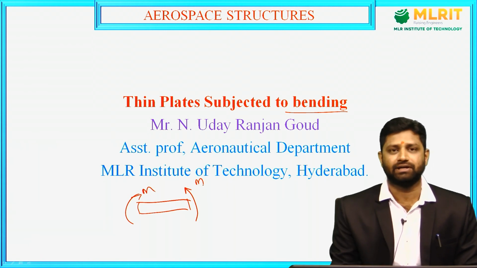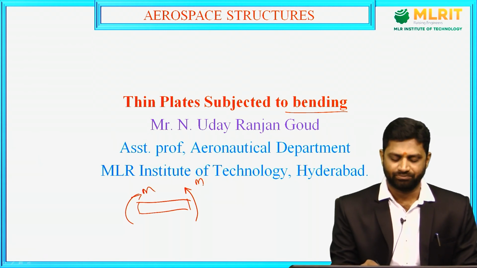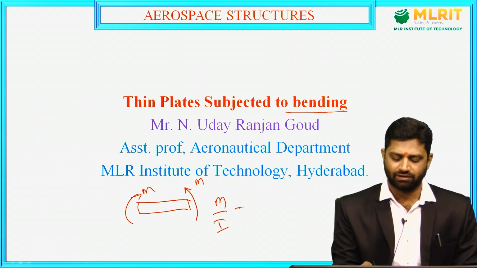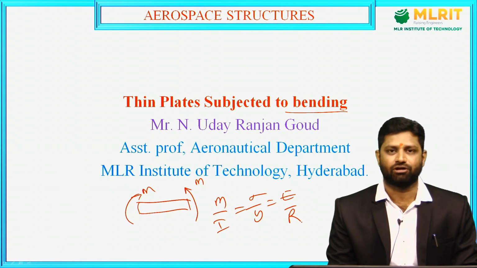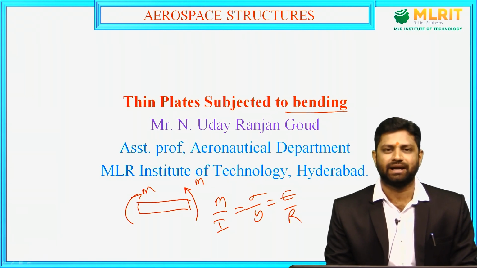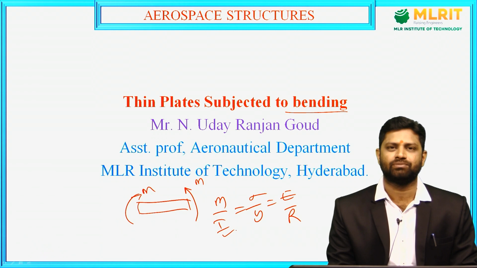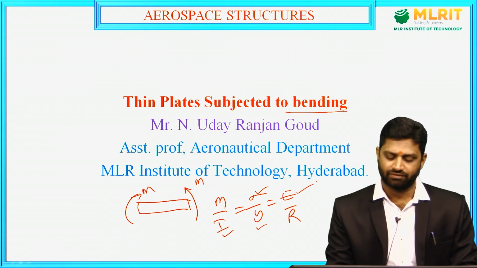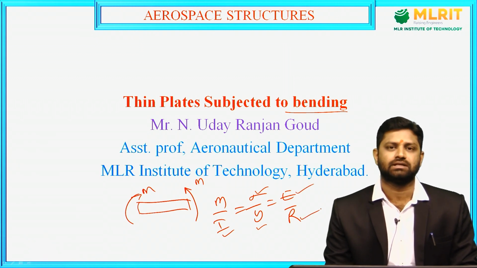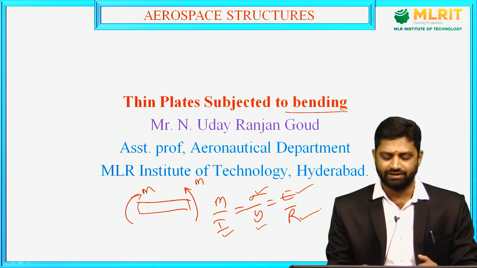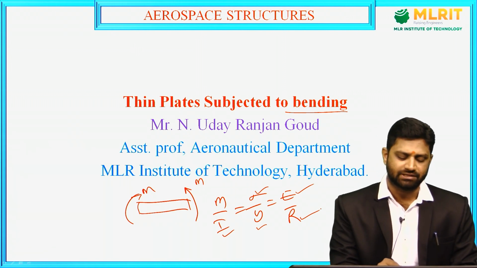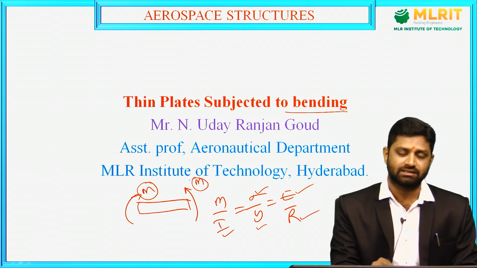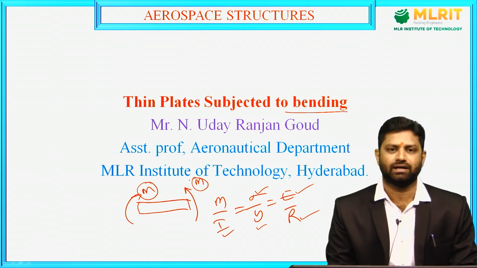And because of that, we derive a relationship for bending, which is M by I equals sigma by y equals E by R. This is called the bending formula, in which capital M is the bending moment, I is the moment of inertia, sigma is the direct stress due to bending, and y is the distance from the neutral axis. E is the Young's modulus of the material, and R is the radius of curvature.